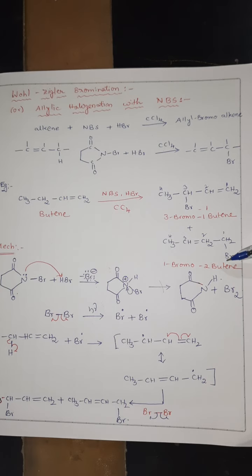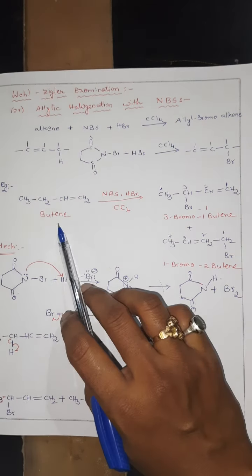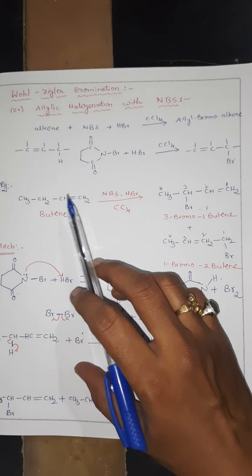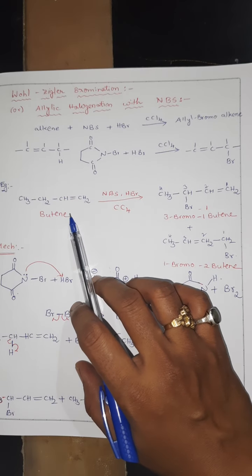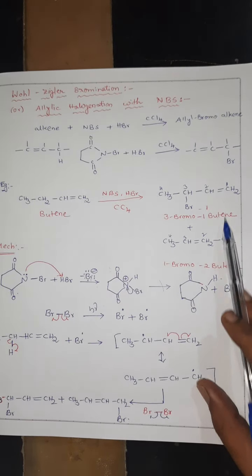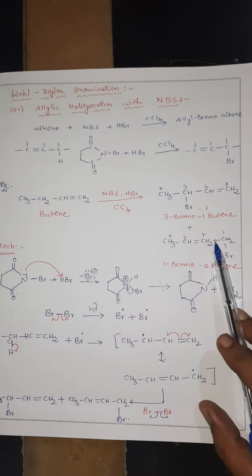Two products are formed because it is an unsymmetrical alkene. When we take an unsymmetrical alkene, there is a possibility to form two different products because of the allyl rearrangement.